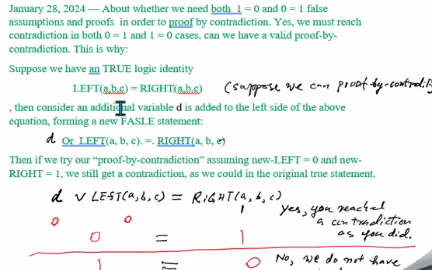Then we add an additional variable d on the left hand side with an or, and this immediately becomes another general statement, but it becomes a false statement.